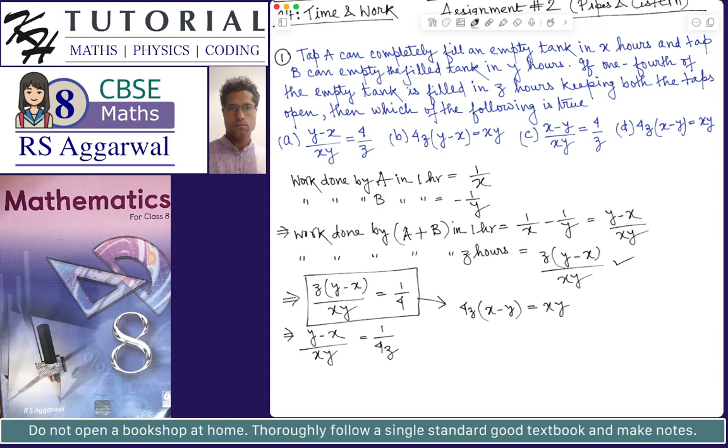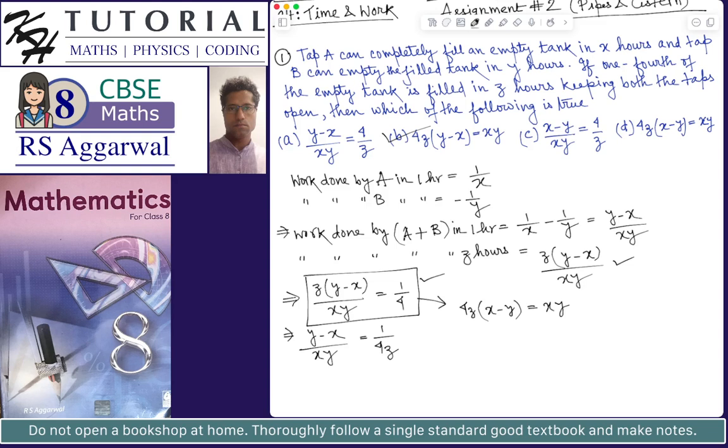So we can see that choice B is correct, because from this equation, if we do cross multiplication, the result we are getting is 4z multiplied by (x minus y) is equal to xy. Now I am not checking choices C and D, because I know that only one choice will be correct.